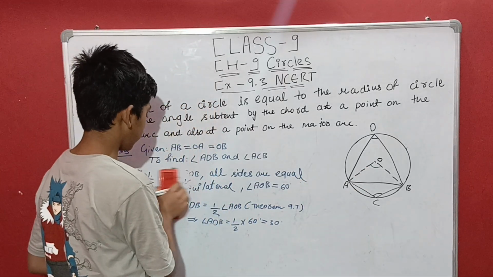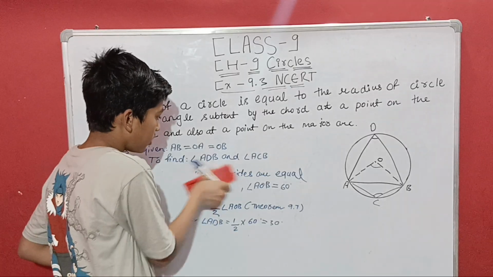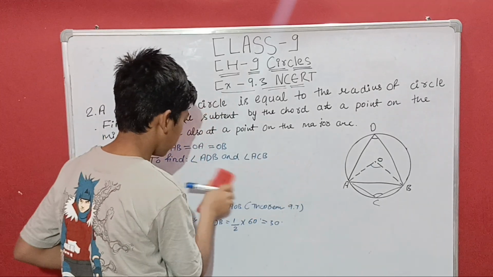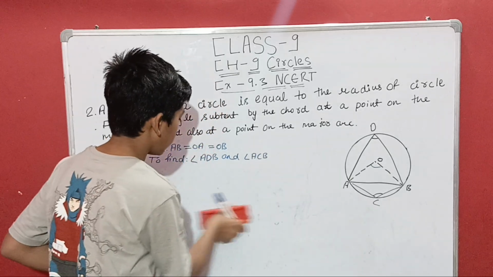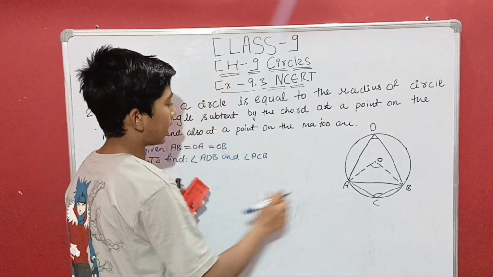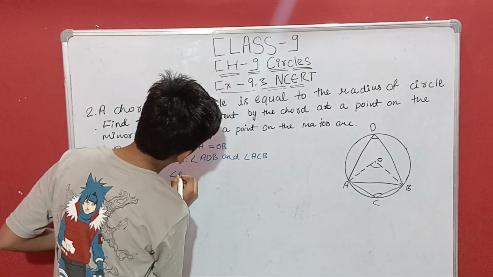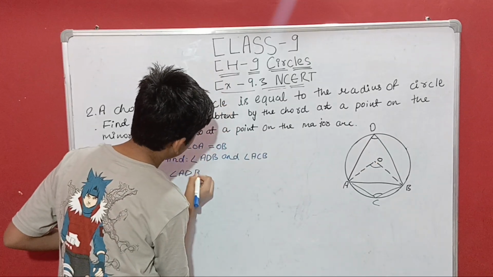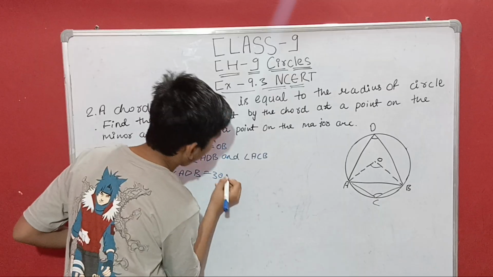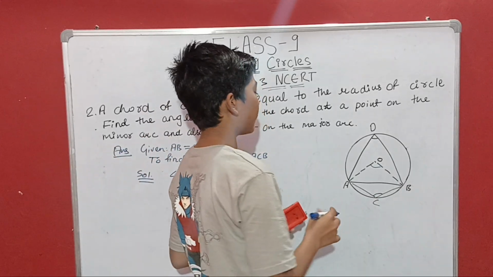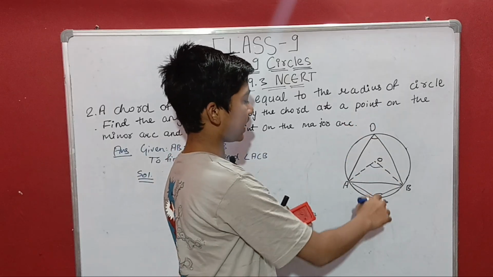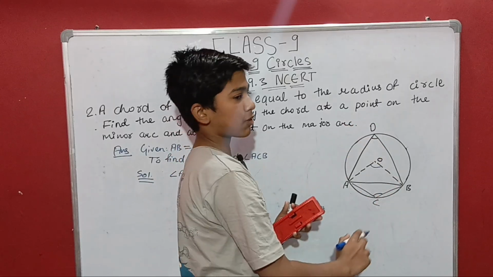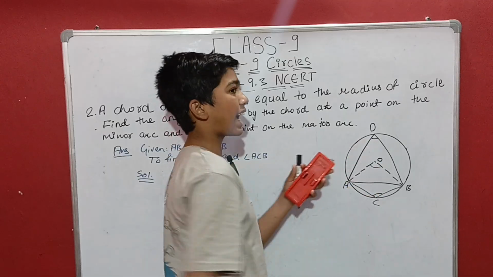We now know that angle ADB is equal to 30 degrees. Also, we know that this quadrilateral ADBC, focus on this quadrilateral, is a cyclic quadrilateral.